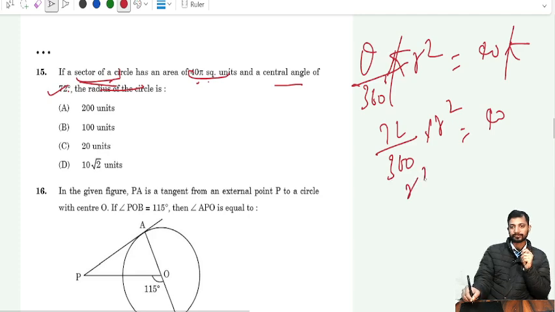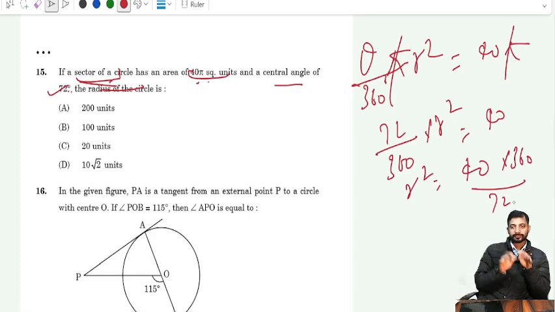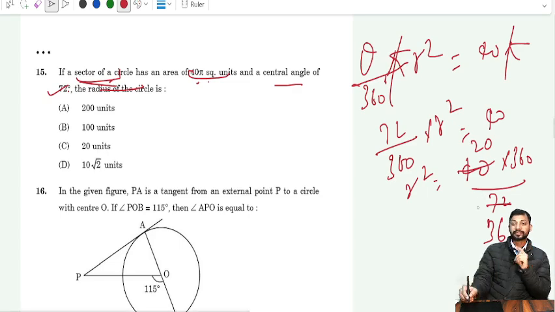Now solve this. r square is equal to 40 into 360 upon 72. Now play smart. 360 upon 72 gives you 5, so 40 times 5 gives you 200.